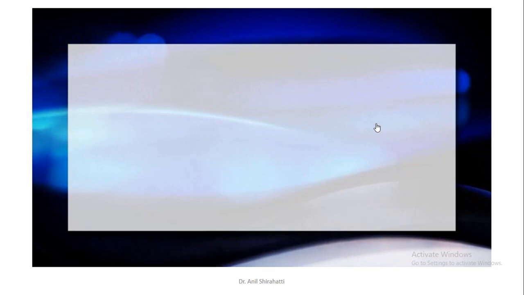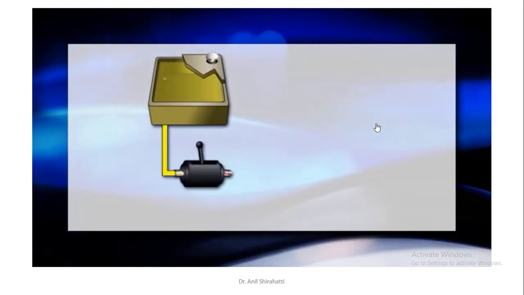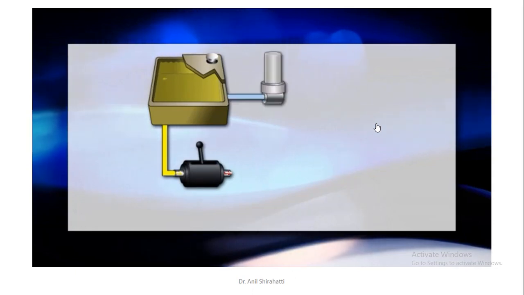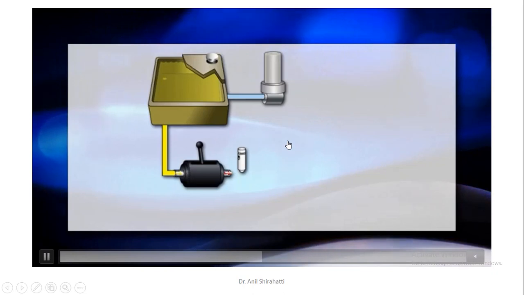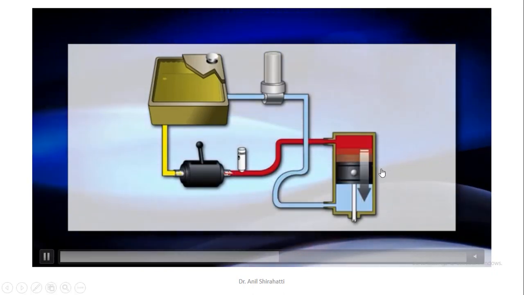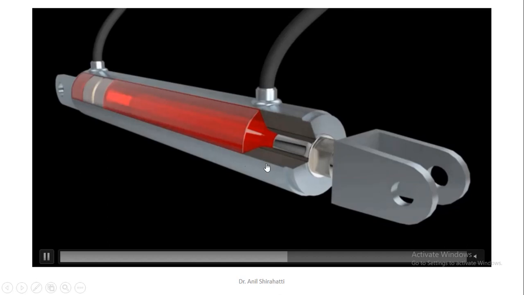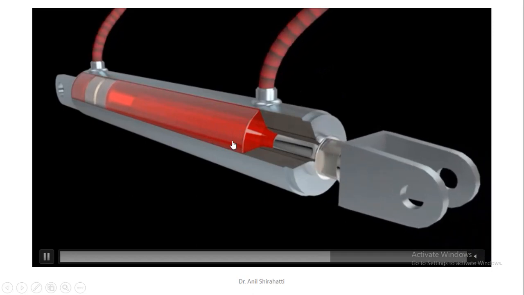When it is coming near to the ground, the hydraulic system should open. It consists of a few parts. One is the hydraulic reservoir, then the motion, and then the complete piston cylinder arrangement. Same thing, it's a double acting. So you can see once the fluid pressure is coming, it will extend, and when it goes up, it should retract.